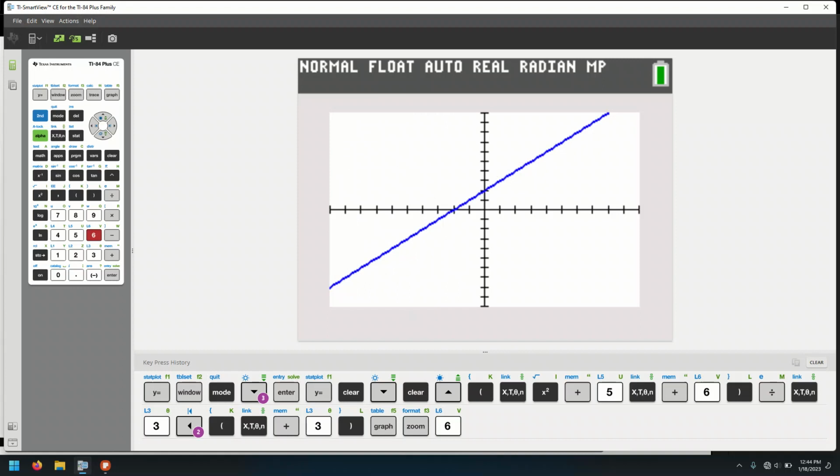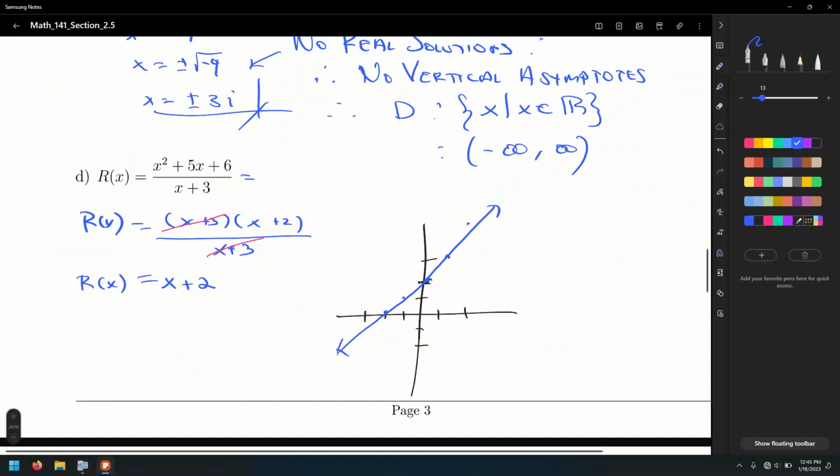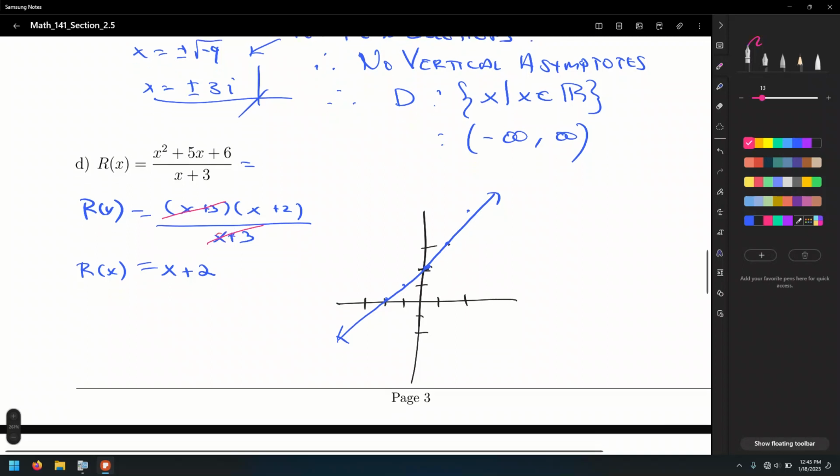However, okay, so here's the thing. Graphing calculators are very smart devices. However, they're not that smart, because in this particular case, there's something that this graphing calculator is not showing us. What's that? Well, this factor that was divided out, set it equal to 0 still. X plus 3 equals 0, x equals negative 3.